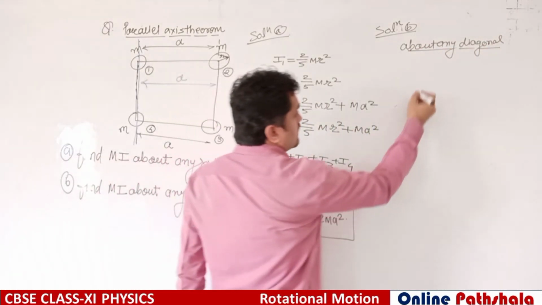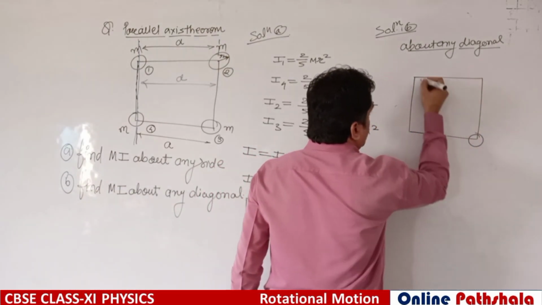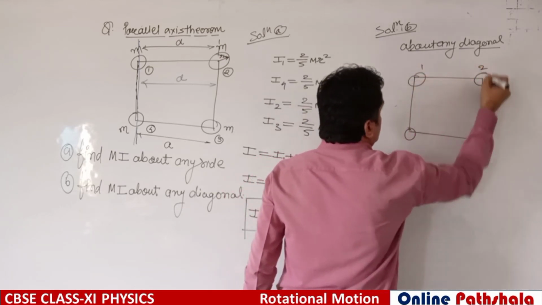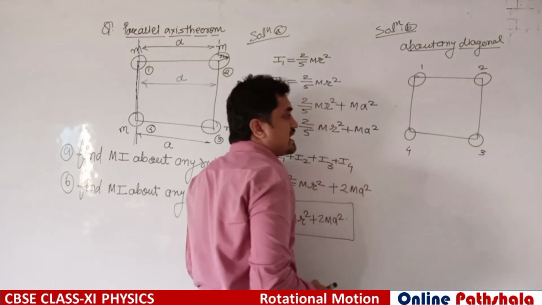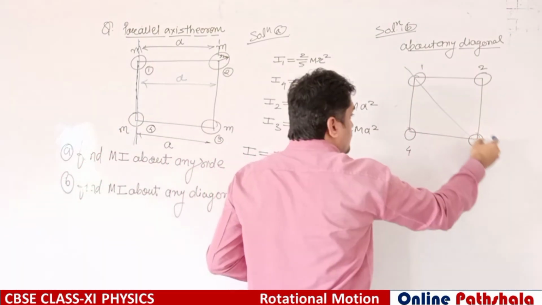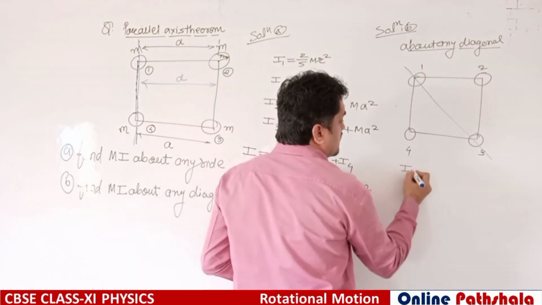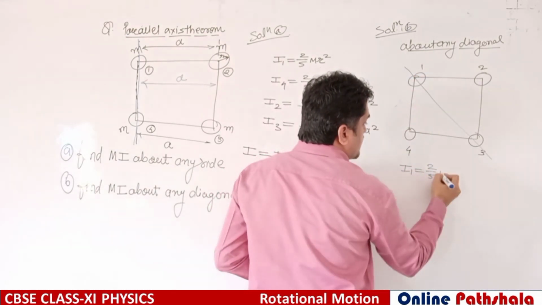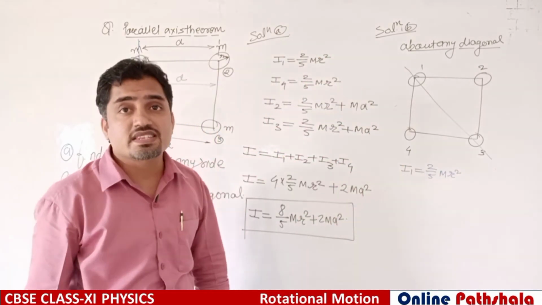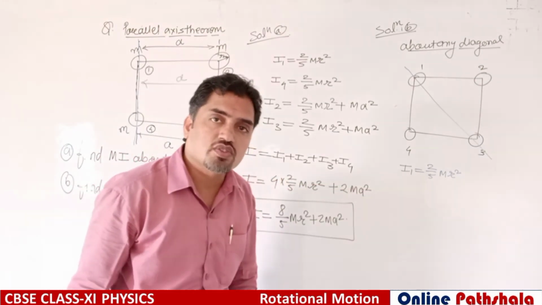So these are the 4 balls, 1, 2, 3, 4, and let us consider a diagonal. This is the diagonal. Okay. So the moment of inertia of I1 is equal to 2 by 5 mr square, very simple, because this diagonal is an axis which is passing through the center of the ball. So it is 2 by 5 mr square, very easy.